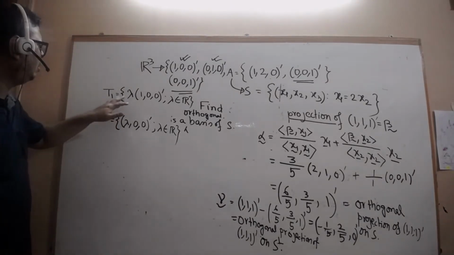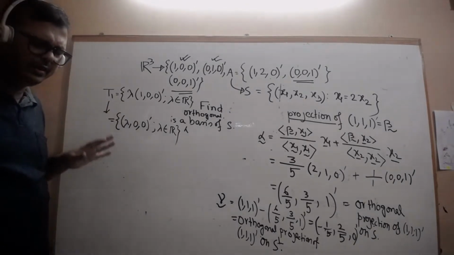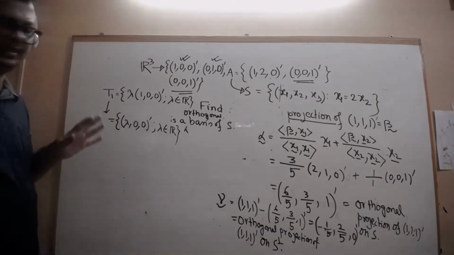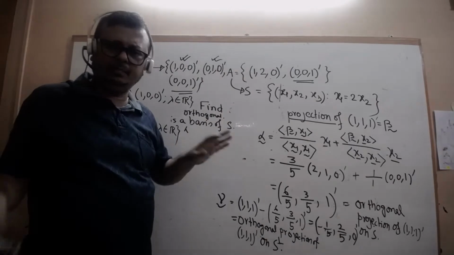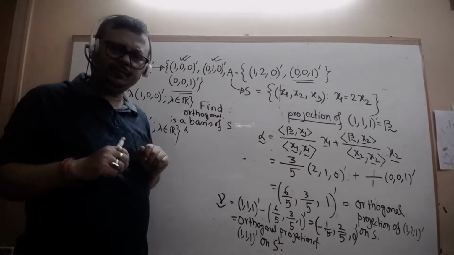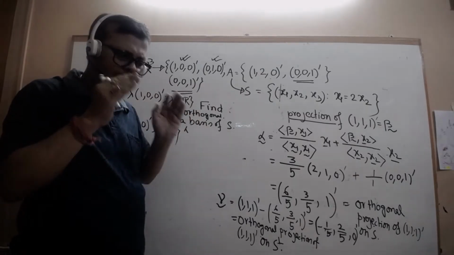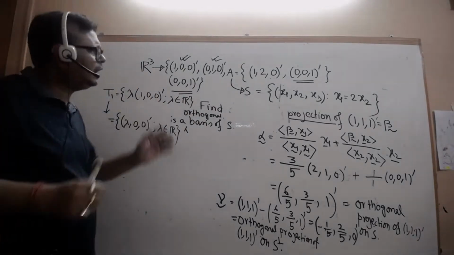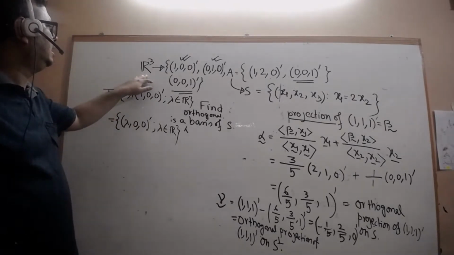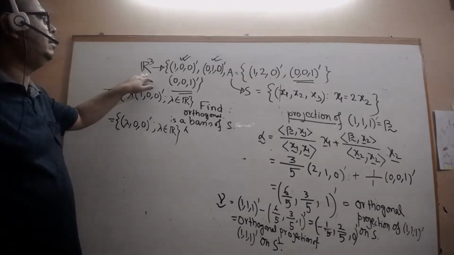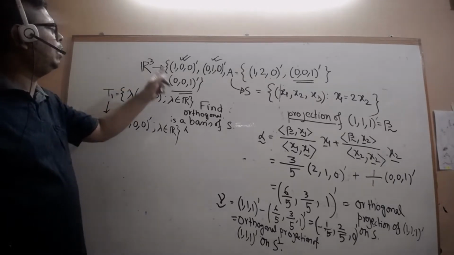Shashwati, see, I want to construct T1. T1 is a complementary space of S. First, your job is to find a basis of S. Step one is find a basis of S. After getting the basis of S, then you take the basis of R cube, every vector one by one.